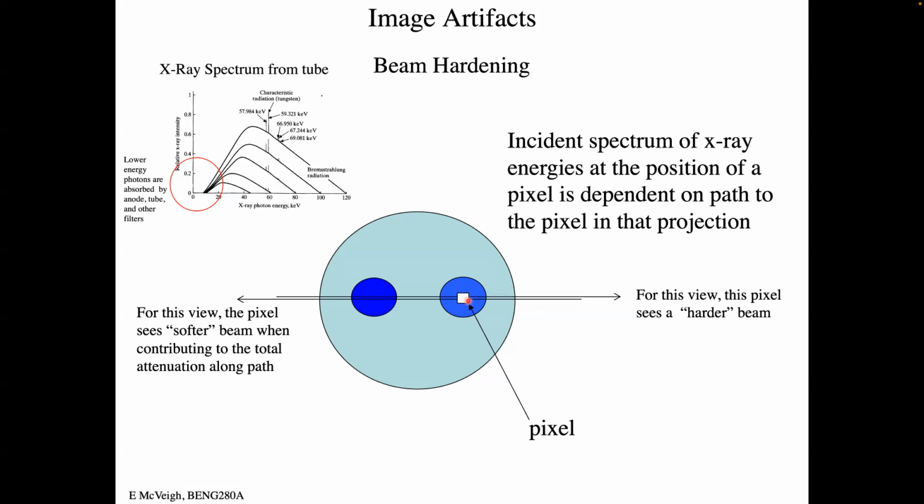And so when I ask how much attenuation the material in this pixel contributes this way, it's looking at a much softer or lower energy beam. And so it will attenuate more, right? So those two numbers are different. Physically, they're just different, right? And so the data itself is inconsistent in that way.